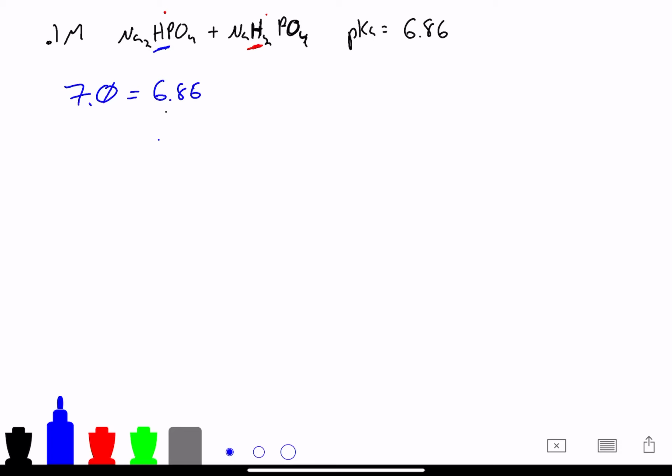The only thing we don't know is the log, the ratio of the two species. So what we're looking for is how many grams we're going to put into the solution of the basic version and the acidic version. So I like to write it like this.